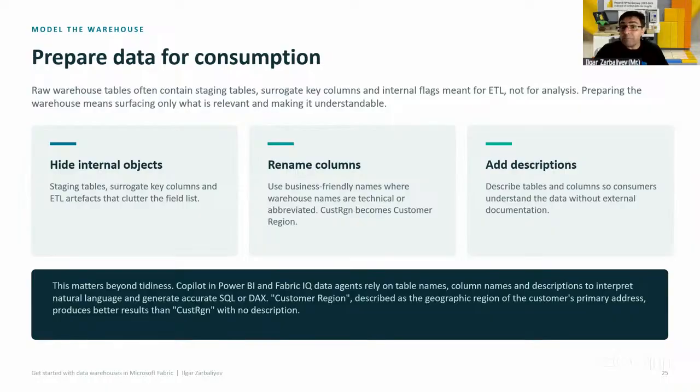A column named customer region with a description saying it's the geographic region of the customer's primary address produces better natural language results than cast RGN with no description at all.